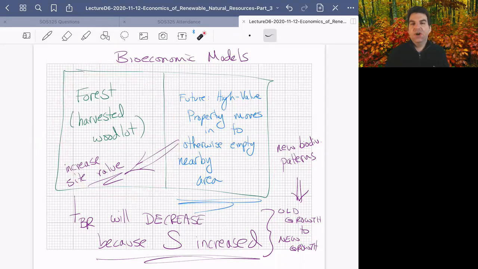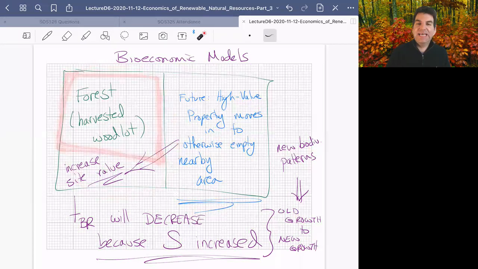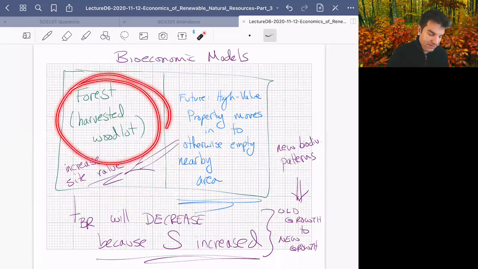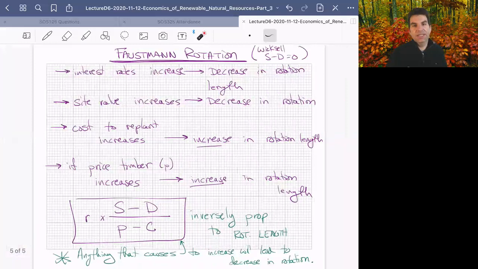And that has to do with the non-timber benefits of the forest itself. So we've talked about the site value, which is the benefits of the land itself to you and other humans. But what about the non-timber benefits of the forest itself? In other words, what are the benefits to ecology, for example, or to other humans of actually having forests that don't have to do with cutting the forest down and selling the wood? So that's what we need to model in now.